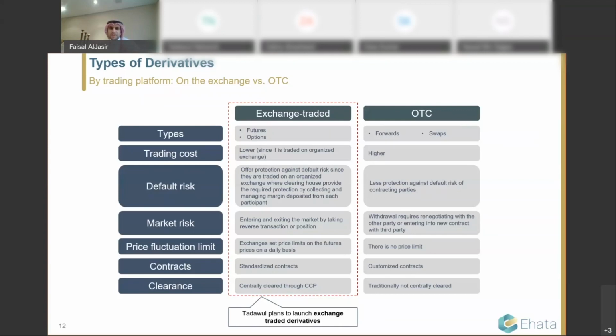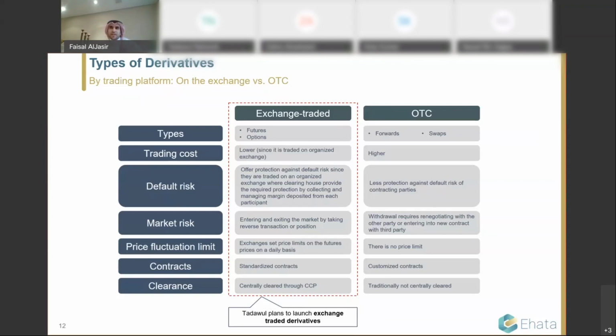Market risk: when you want to get out of your position, it does make sense that with a standardized product it becomes intuitively easy to find a match and get out of your position. You can just go ahead and reverse. If you bought a contract, you need to enter into an opposite one, and we'll get to that, and vice versa.